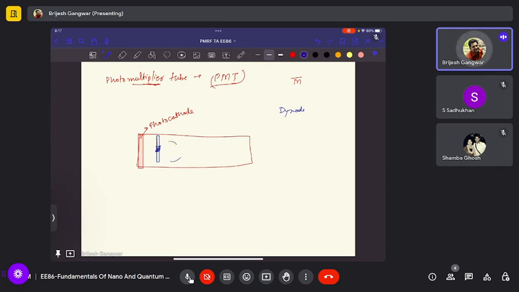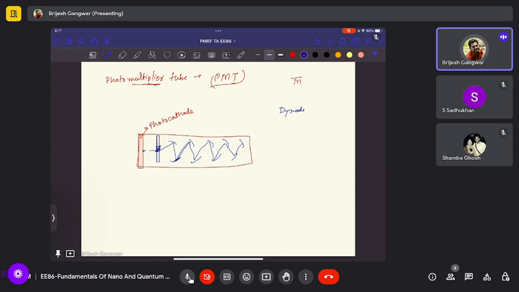There are some dynodes arranged in this tube, and when an electron comes from here and goes to this one, then from here to here, like that. When only one electron comes, from the next anode it multiplies to 2.